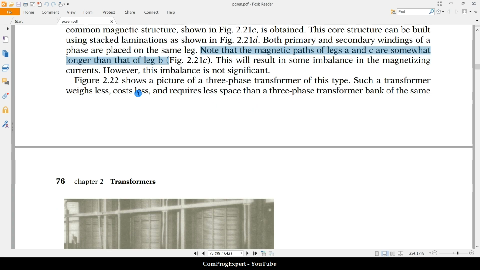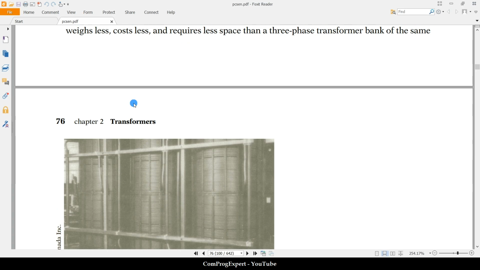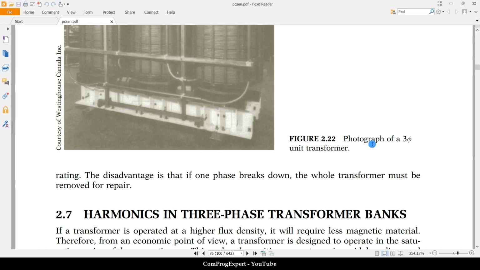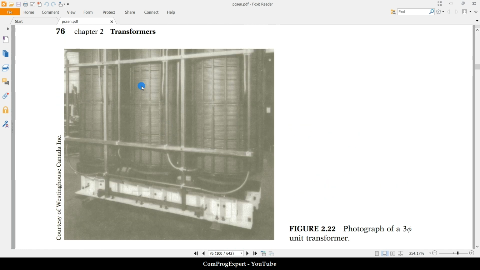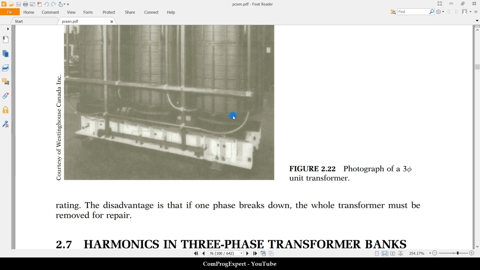So here in this figure, you can see a power transformer. We have this core and these are windings. The primary and secondary windings are on one leg.